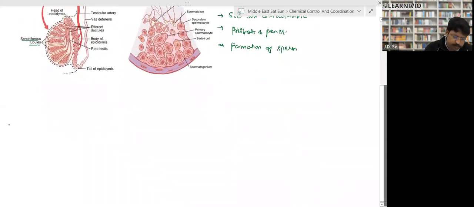Formation of sperm. And then comes the female sex organ.